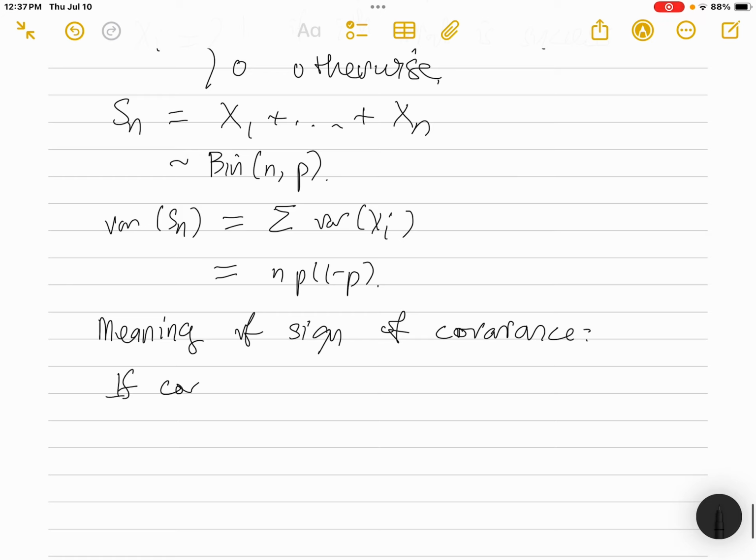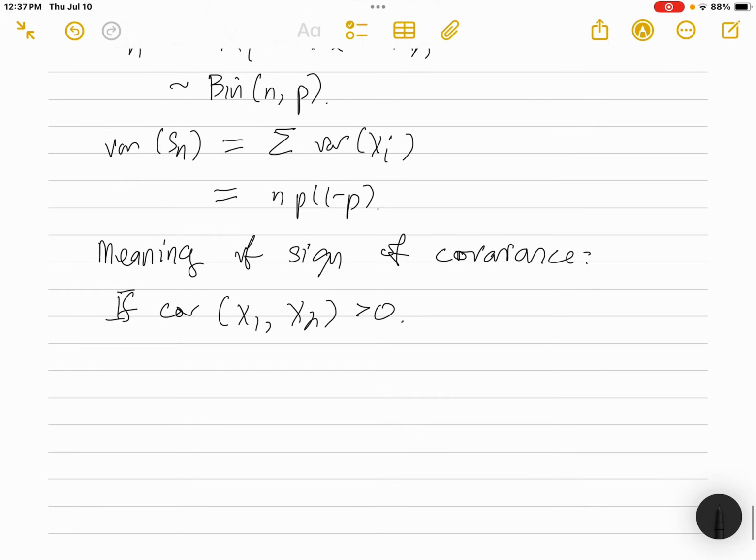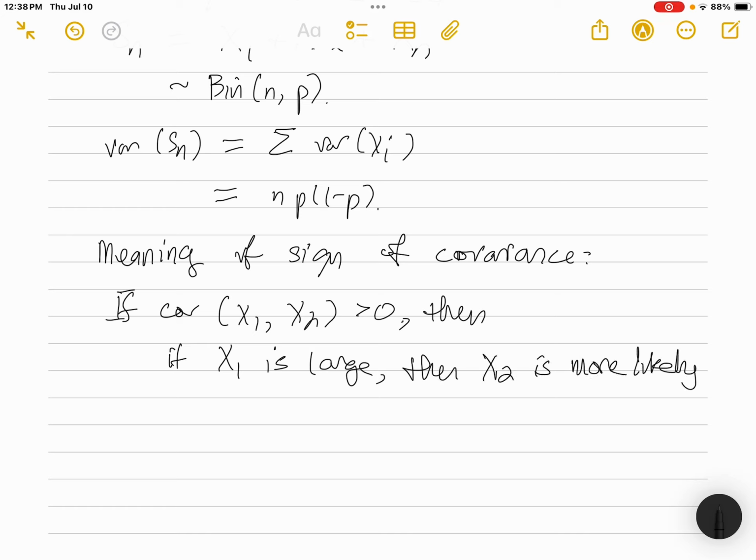If the covariance of x1 and x2 is positive, then what it means is if x1 is large, then x2 is more likely to be large.